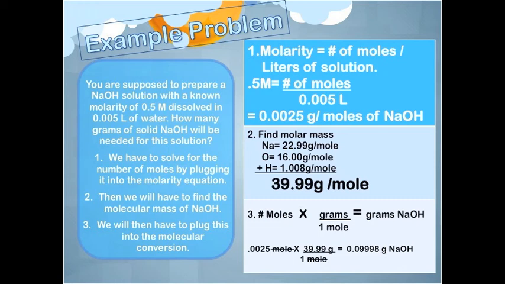Because we only use one of these atoms, we just add them together to get a total of 39.99 grams. We then take the number of moles and multiply it by the number of grams. The units should cancel, leaving you with the number of grams needed. If we plug in that number, we get 0.099 grams of NaOH.